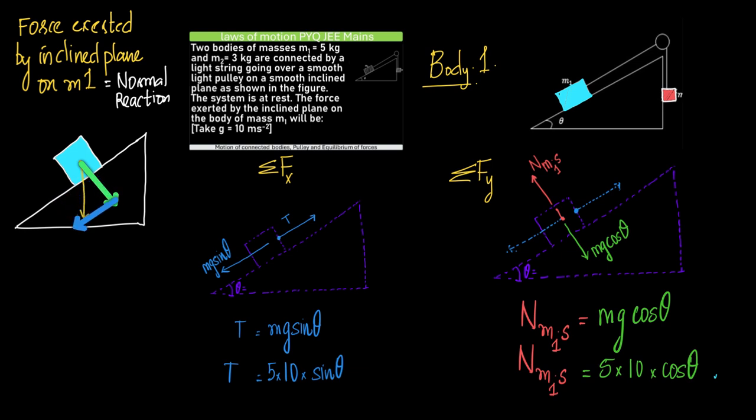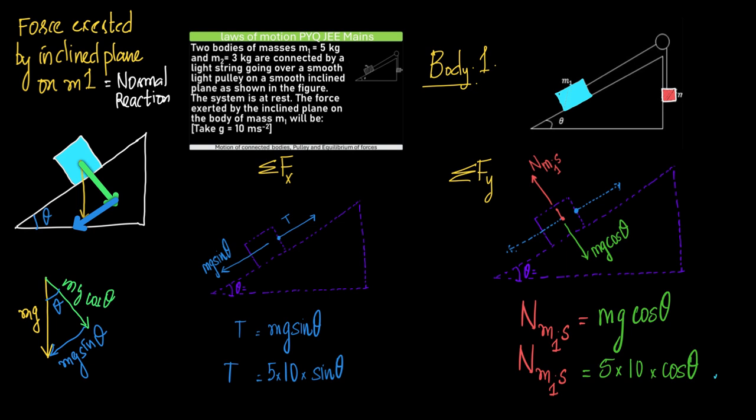If I redraw this figure, this is mg, and we have one vector like this and another vector like this. So this is theta. Why? Because this angle is theta, so this will also be theta. What will this be equal to? This will be equal to mg sine theta. And what will this green be equal to? This will be equal to mg cos theta.